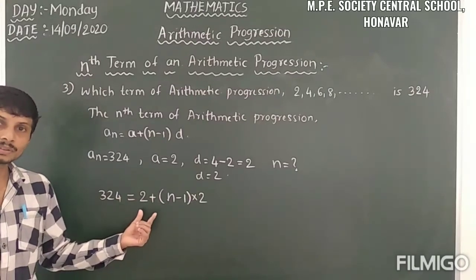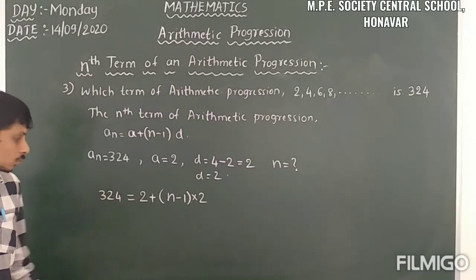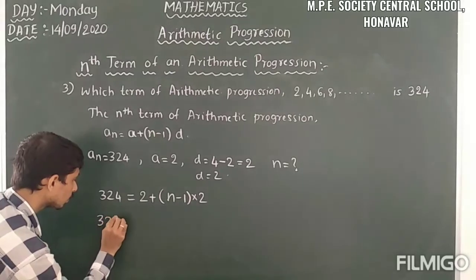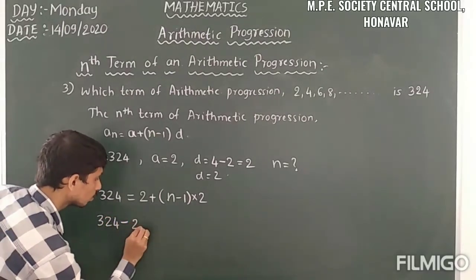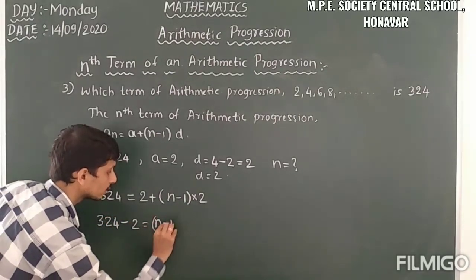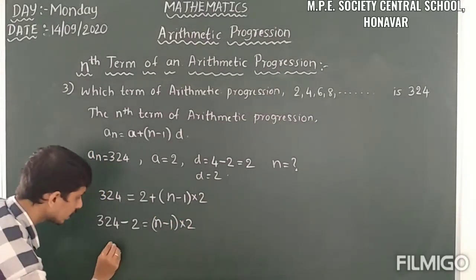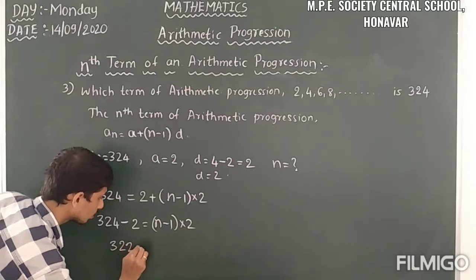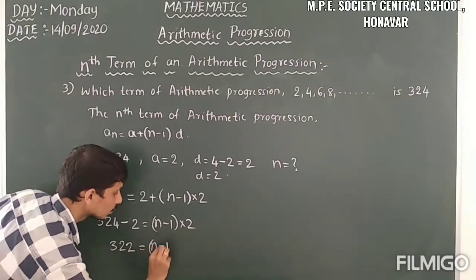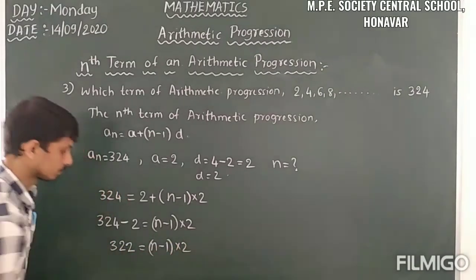When we transpose 2 to the LHS side, it becomes minus 2. That is 324 minus 2 is equal to n minus 1 into 2. So 322 is equal to n minus 1 into 2.